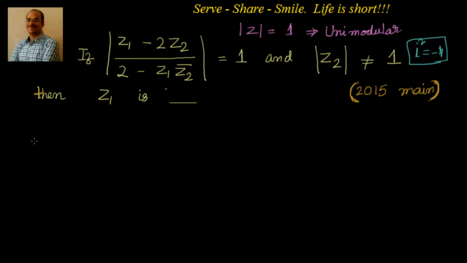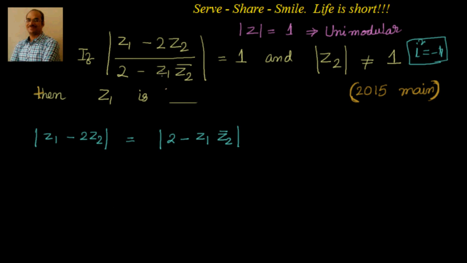So can I say that modulus of z1 minus 2 into z2 is equal to, if I take it to the right hand side, it will be 2 minus z1 into z2.